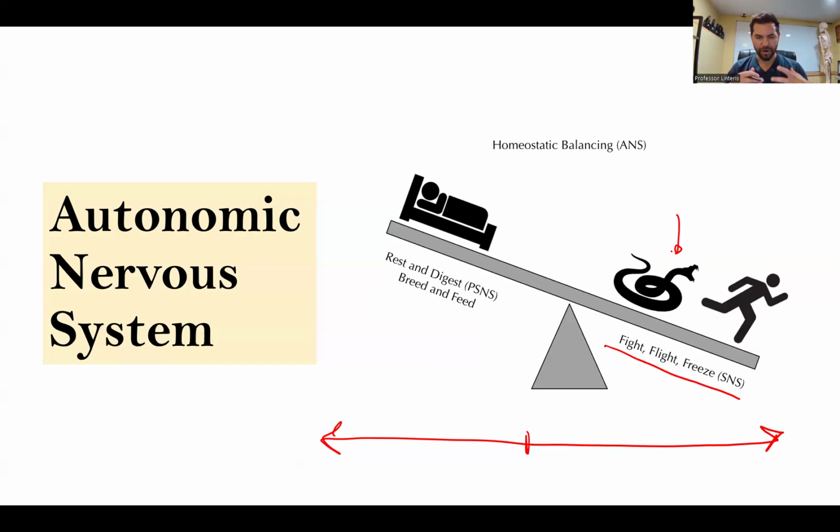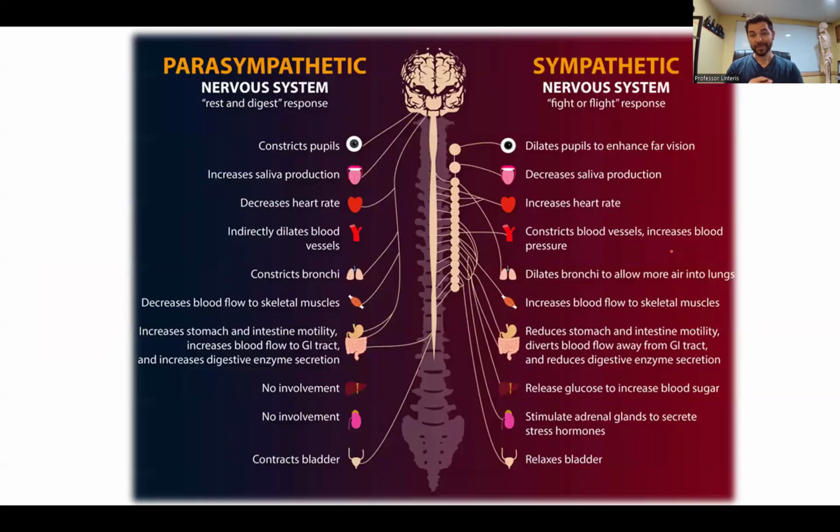You're going to increase your heart rate, blood flow to skeletal muscles, and breathing, and free up energy sources. Your goal is to either get out of there or fight whatever's causing a problem. When you get anxious, get nervous, and start sweating, that is a sympathetic response. And we're going to highlight what is going on during these various responses, which you should know.